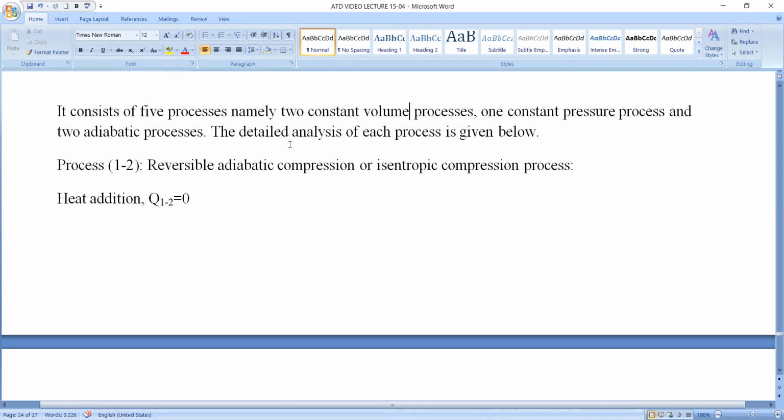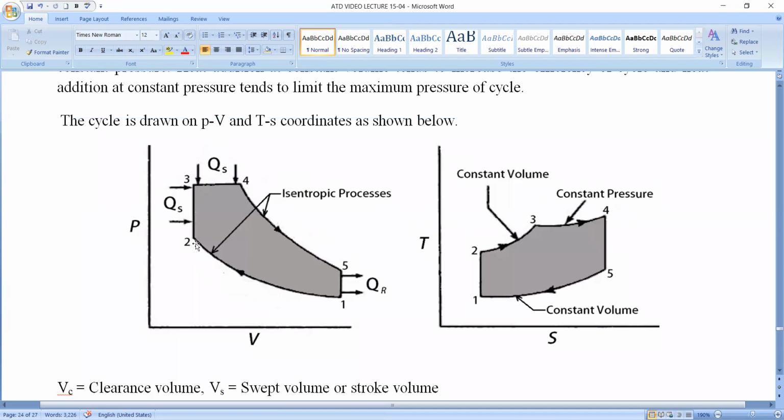Remember students, here in the dual cycle we have 5 processes, namely the 2 constant volume processes, 2 to 3 and 5 to 1. 3 to 4 is a constant pressure process, so 1 constant pressure process, and 1 to 2 is adiabatic compression. 4 to 5 is adiabatic expansion.